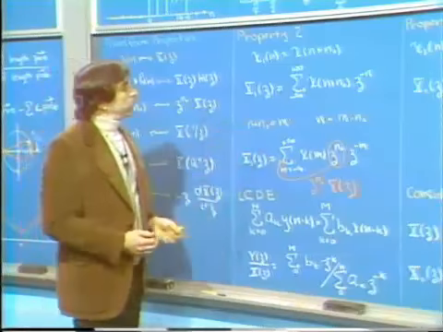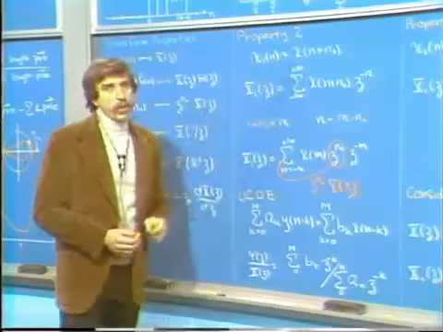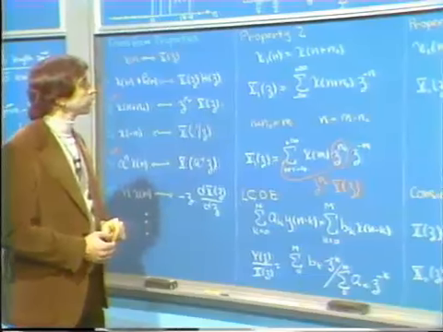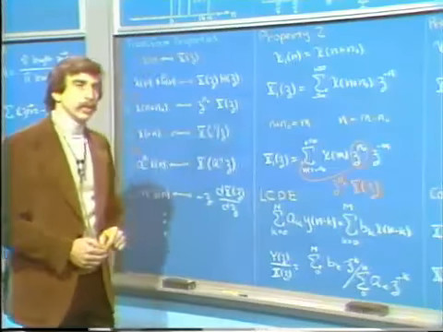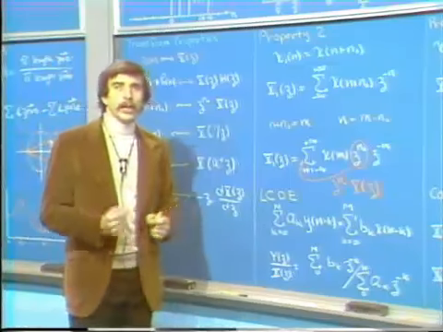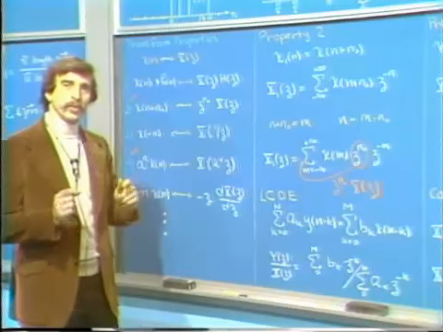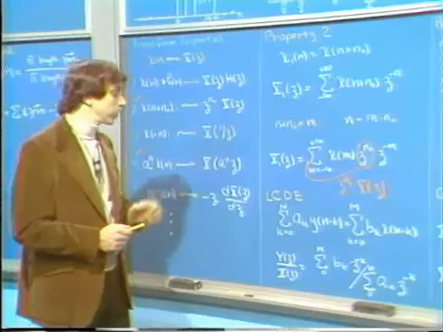Well, there are lots of times when, in fact, this shifting property comes into play. One thing that we can use it for immediately is to tie together a couple of things that have been floating more or less in the background.